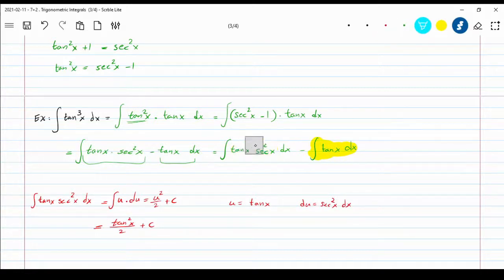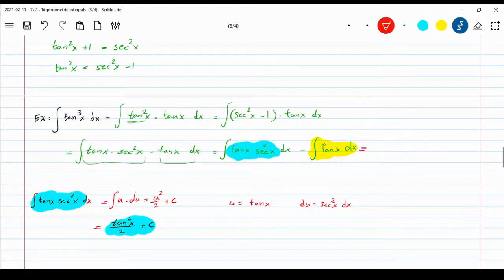So I calculated this integral as well. These two are exactly the same. And finally, I can go back and say the result of this integral: the first one will give us tangent squared x over 2 plus some constant c. I'm going to combine those constants, minus the integral of tangent x dx. We calculated that it was negative ln absolute value of cosine x.